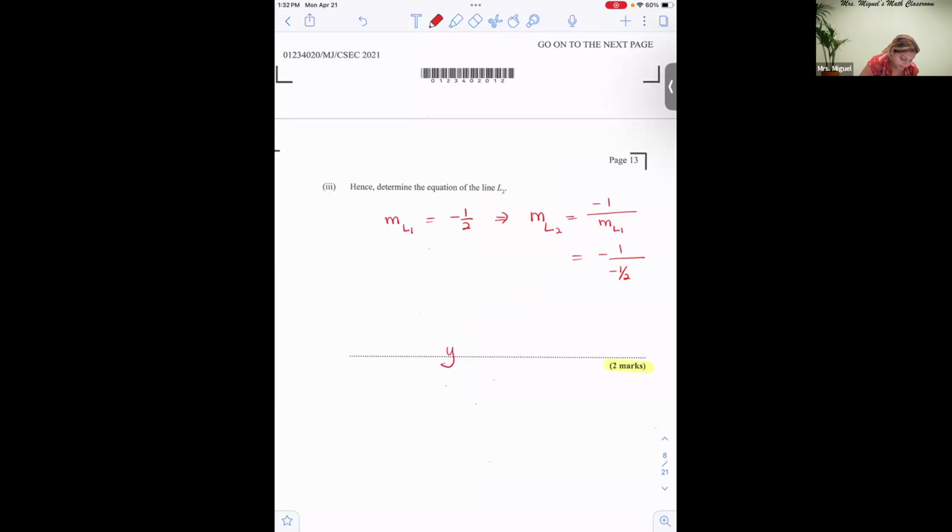So y is equal to plus minus 5 because it cuts the y-axis at negative 5. And here you will get 2. So check it and see if this is correct. Negative 1 divided by negative a half, you should be able to get 2 there.